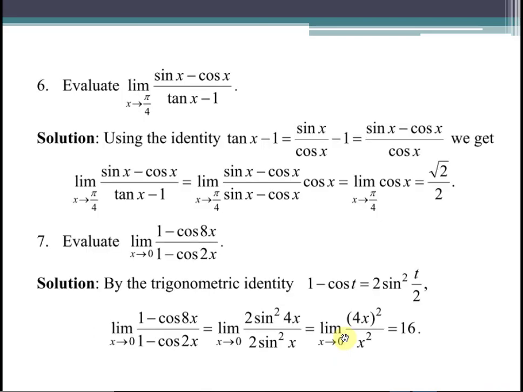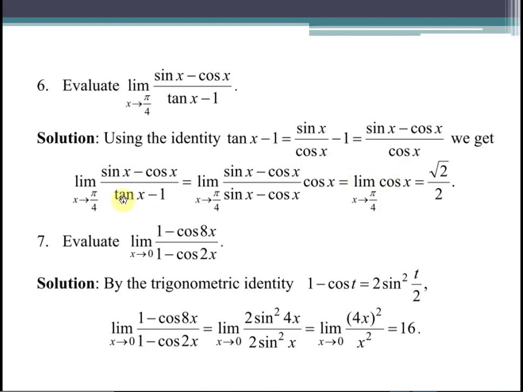The next one, number 6. We'll solve this limit. Using this identity, tangent x minus 1 is equal to sine x over cosine x minus 1, again from the trigonometric course.